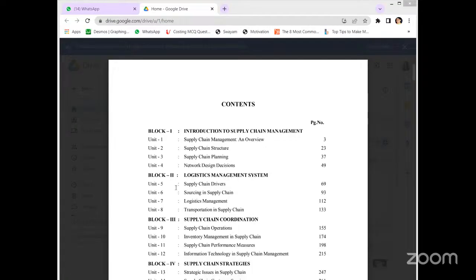Supply chain drivers. There are various supply chain drivers which an organization involves, like facilities, inventory, transportation, information, sourcing, and pricing. These are the various drivers involved in the supply chain.